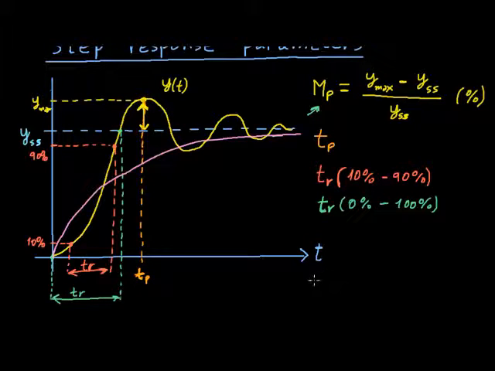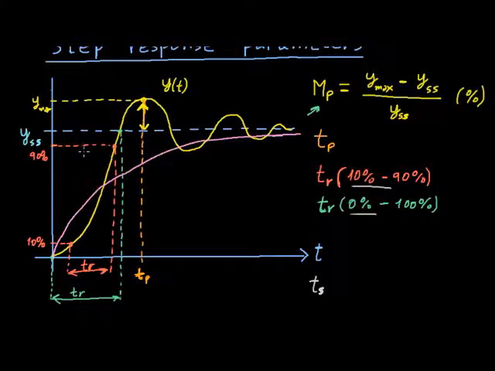Okay, and finally, the last parameter is the settling time, which is denoted T_S, and it can also be defined in different ways, or well, it has one definition, but like here with an implicit choice.